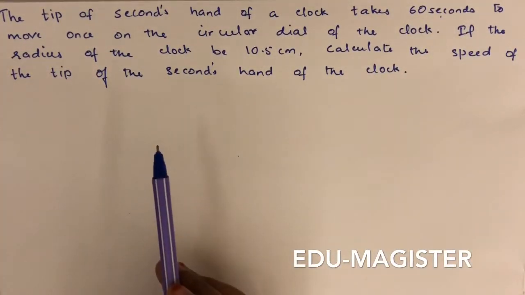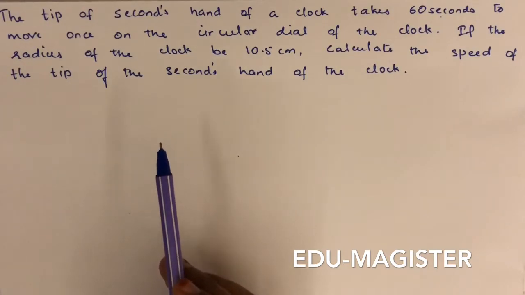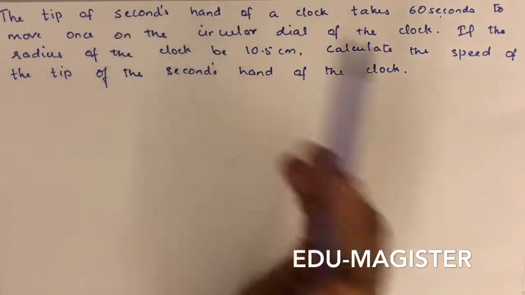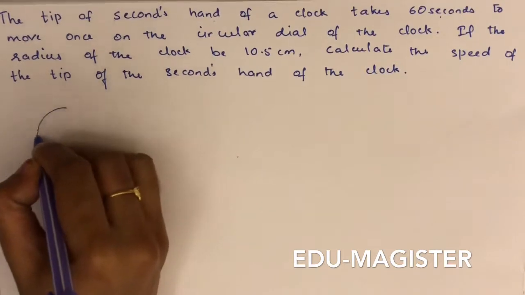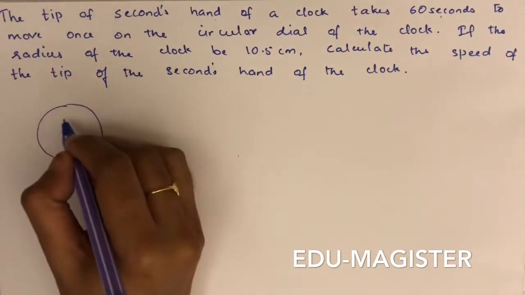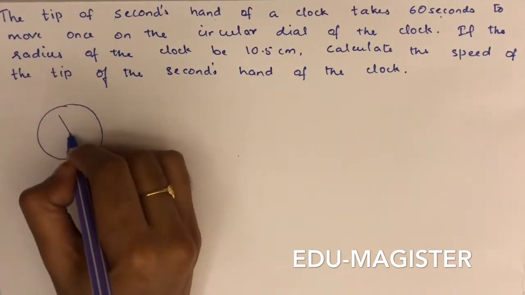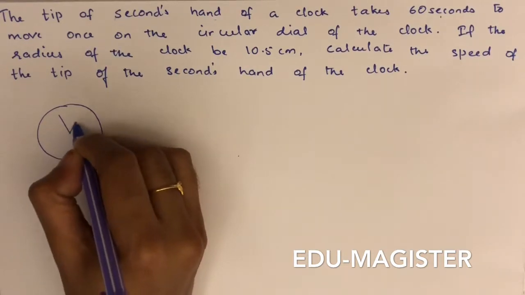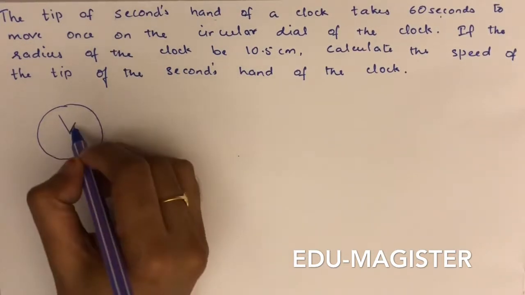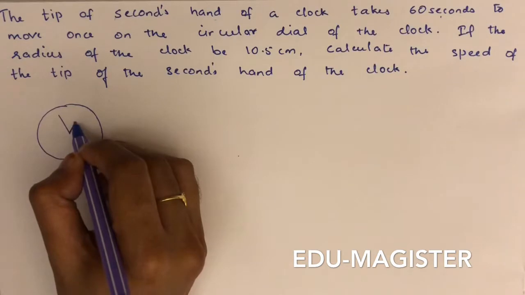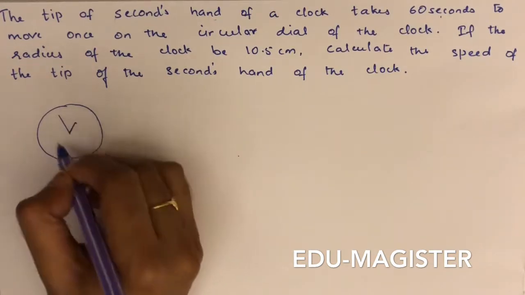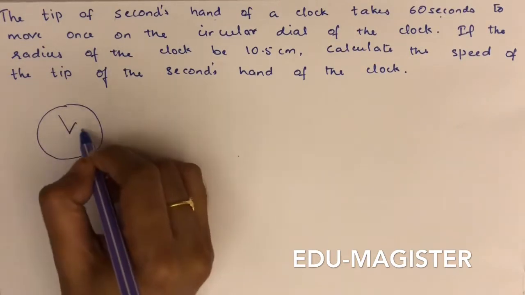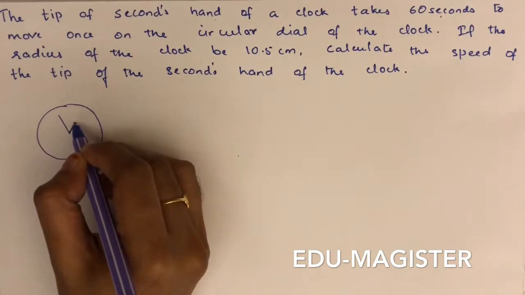So in this question, it is talking about the seconds hand of a clock. We know that for any clock, there is an hour hand and then there is a seconds hand. And this seconds hand takes one complete round of the clock, and that complete round will be 1 minute, right?